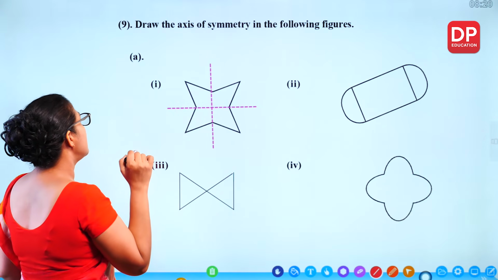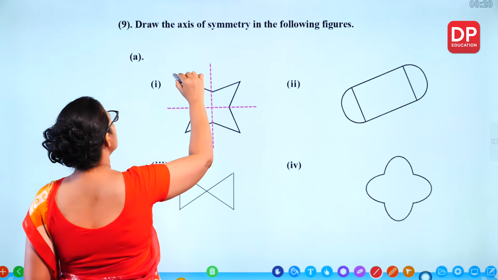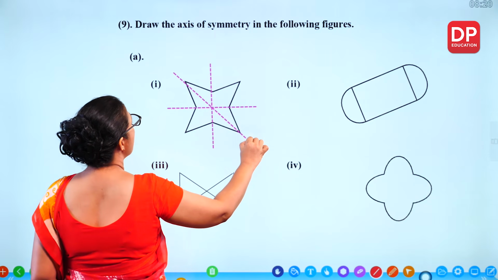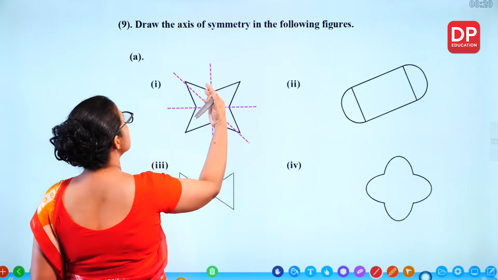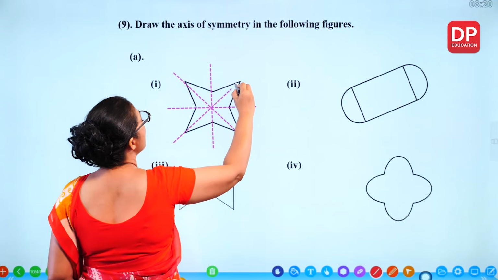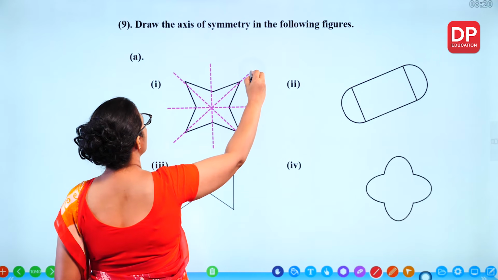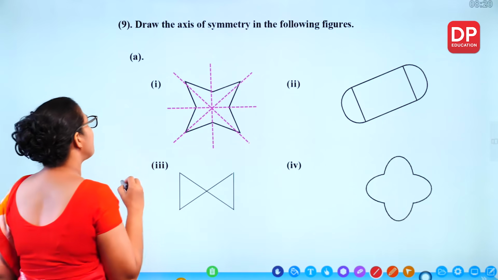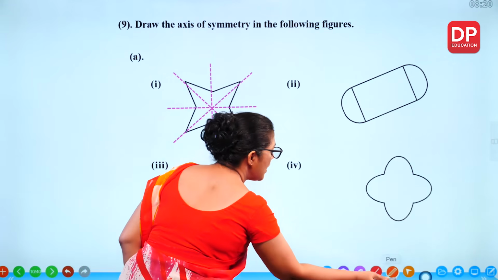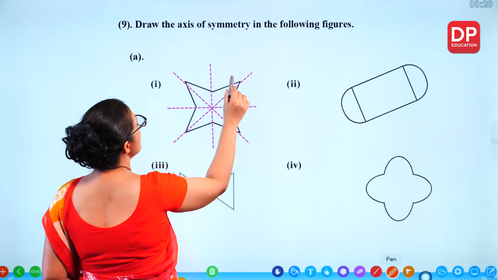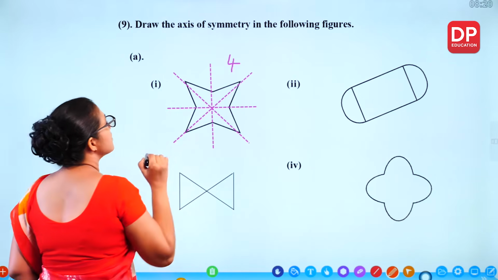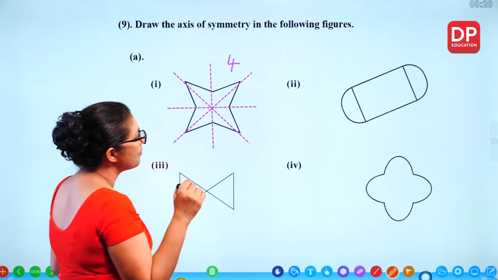Can I do this way? Yes. And also I can draw a line along this way. So how many axes of symmetry are there? So we get 4. 1, 2, 3, 4.